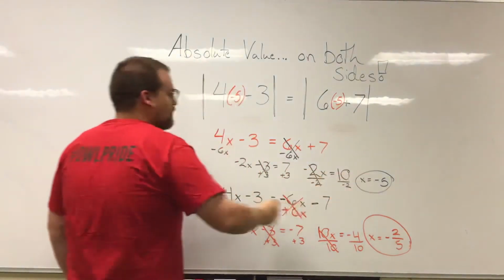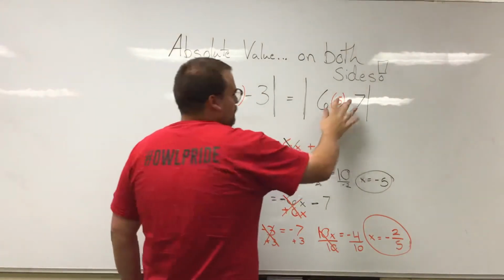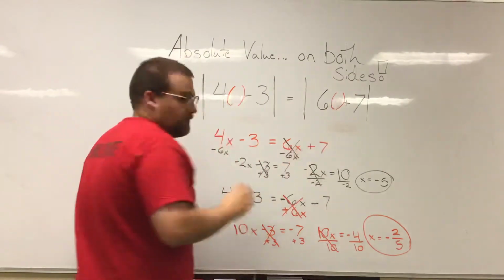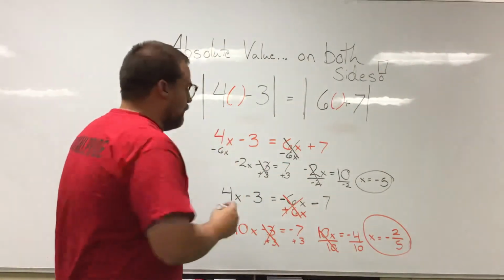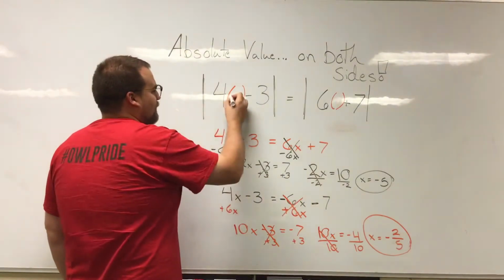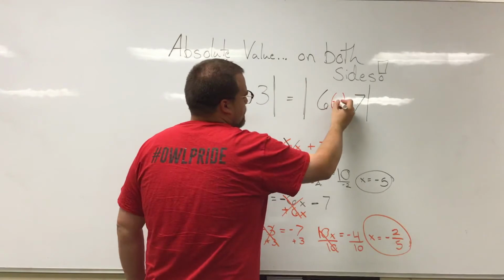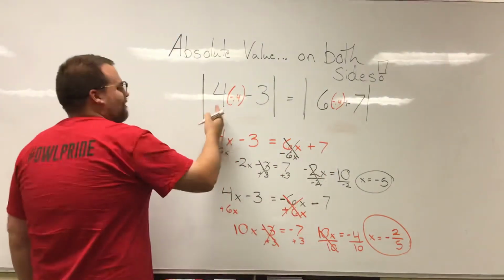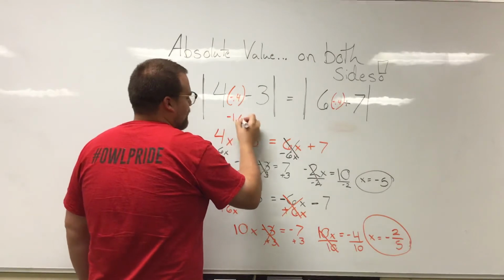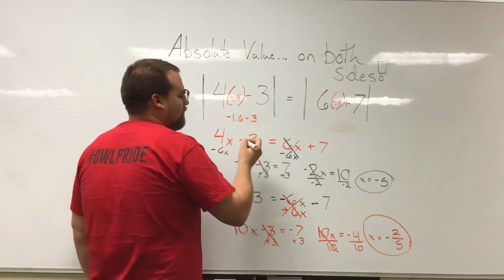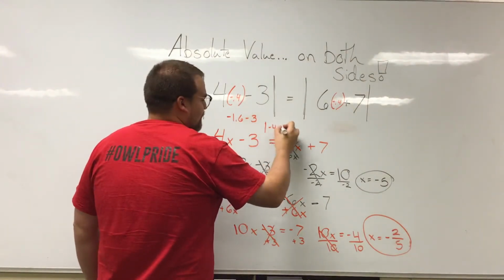I could repeat this as well with my second one if I want. I'll go ahead and try that out. It's a fraction though, so a little difficult. Negative 2 over 5 would be negative 0.4. I'm actually going to write it as a decimal here just because it's easier to multiply. 4 times negative 0.4 should be negative 1.6. Negative 1.6 minus 3 would be negative 4.6.